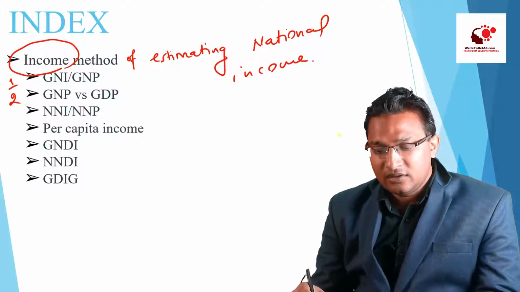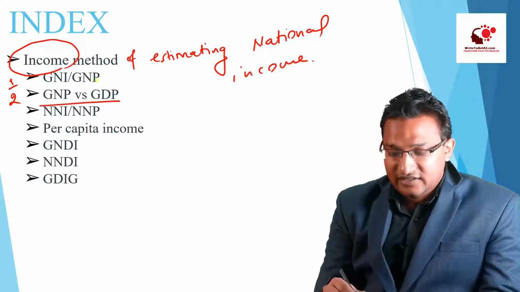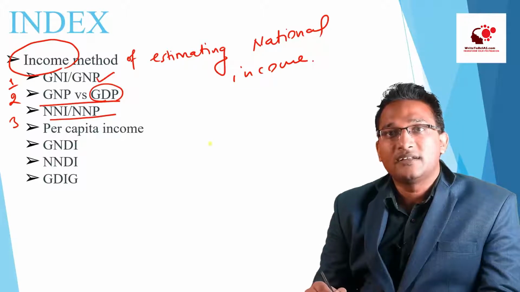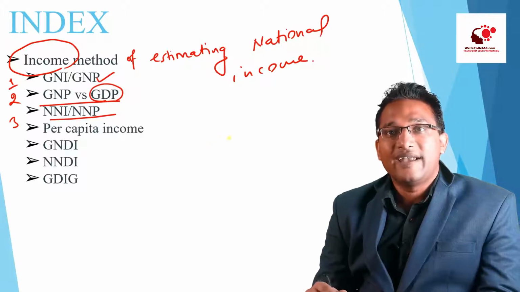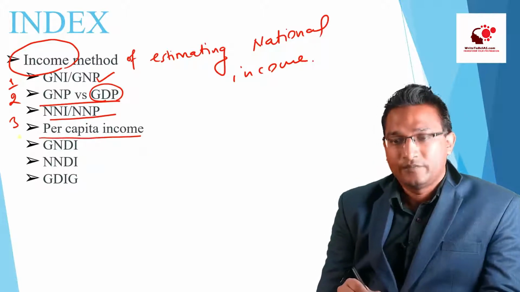Then we have GNP versus GDP. We will compare what is the difference between GNP and GDP. Then we will discuss NNI or NNP, that is net national income or net national product. Then we will discuss what is the meaning of per capita income.